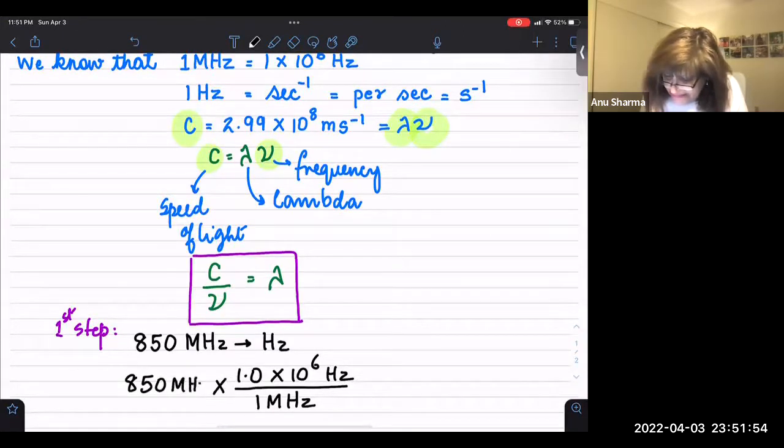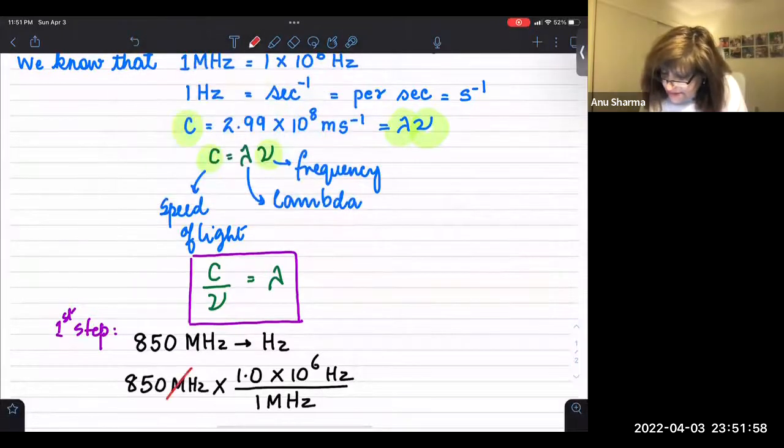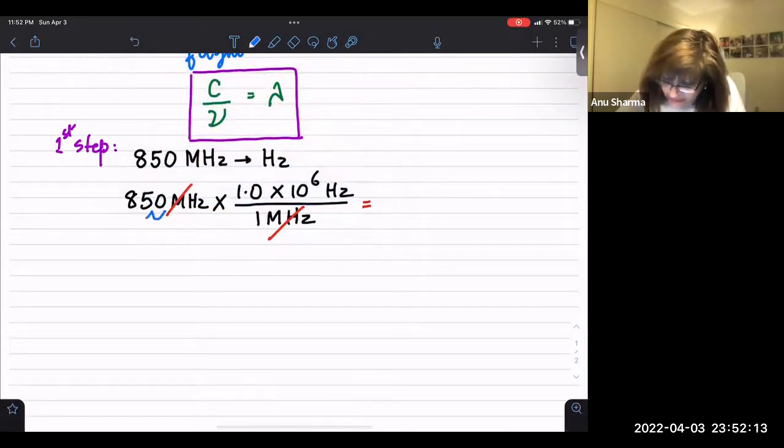So this cancels out the megahertz, and you are left with just the unit of hertz. Now this hertz can translate into seconds inverse. When you do this calculation, the decimal has been moved 2 places to the left, so this becomes 10^2.